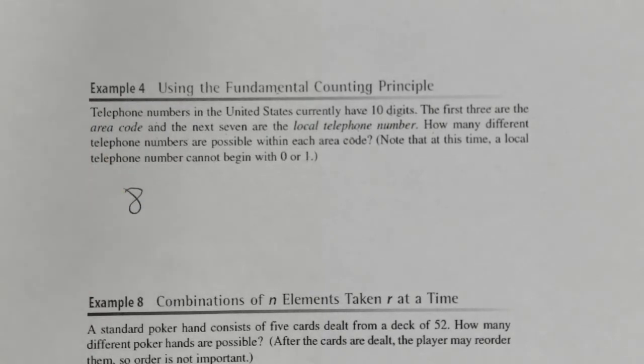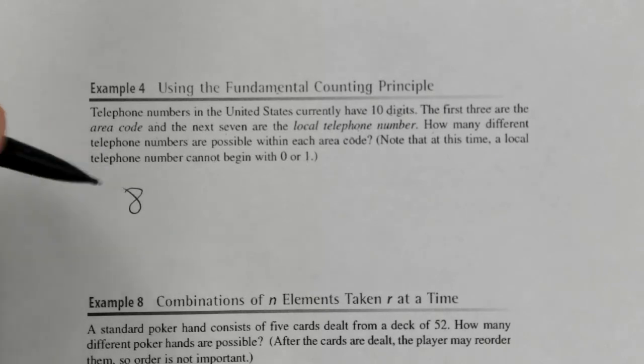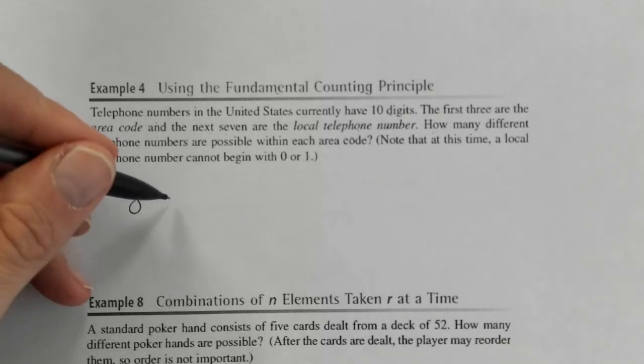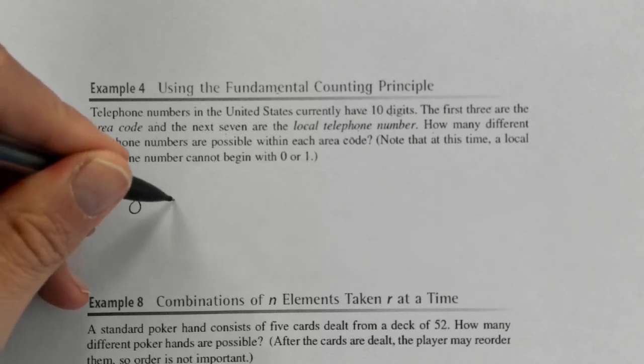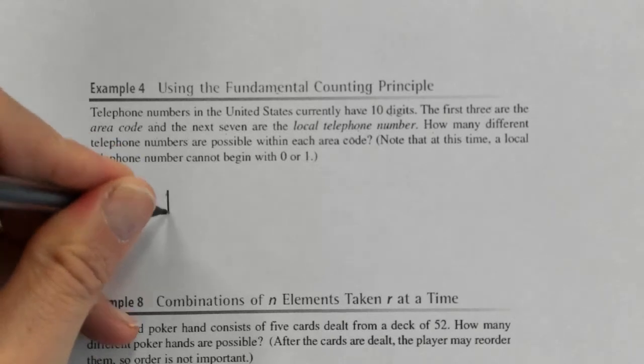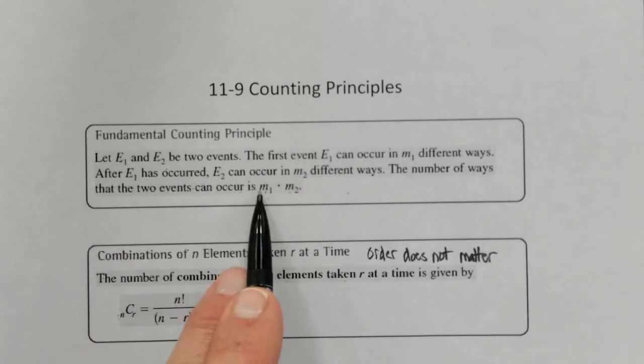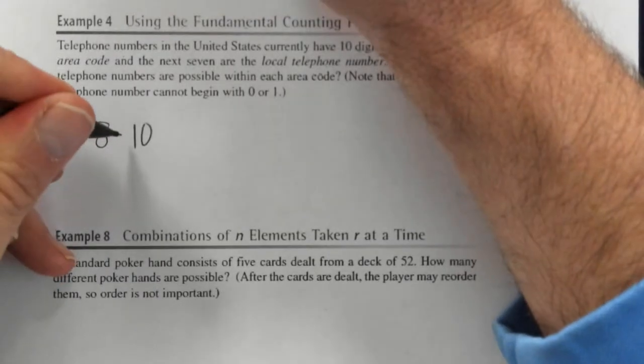So there are 8 different ways that the local phone number can begin. Now, how many choices for the second number? Well, all 10 digits are available for that one. Now remember, according to the counting principle, what do I need to do with these independent events? I've got to multiply them together. So it's going to be 8 times 10.